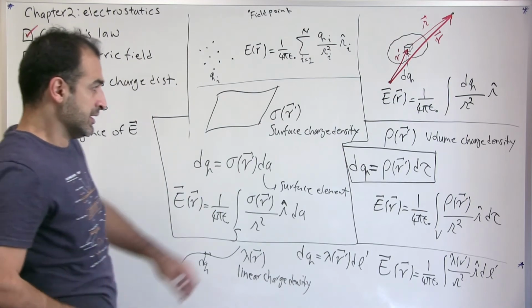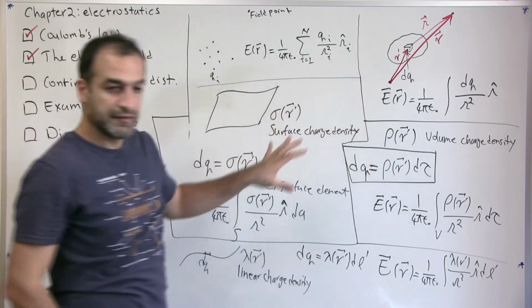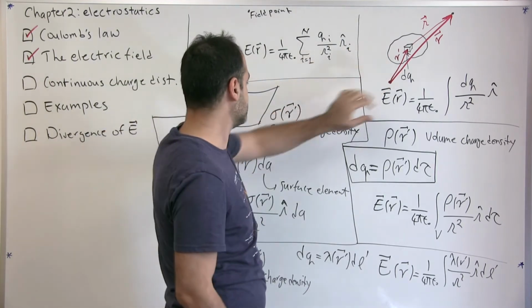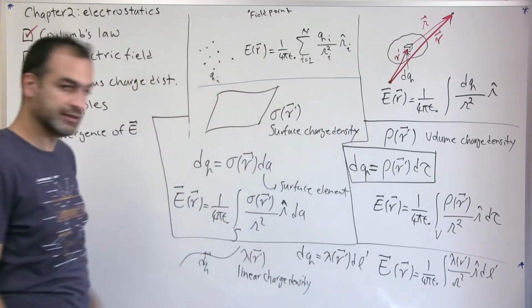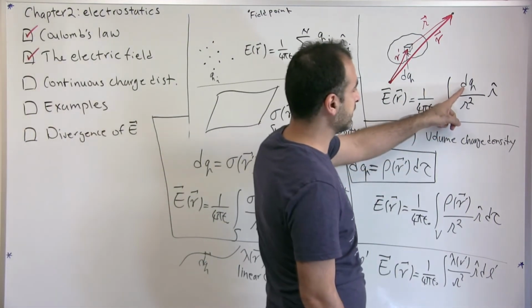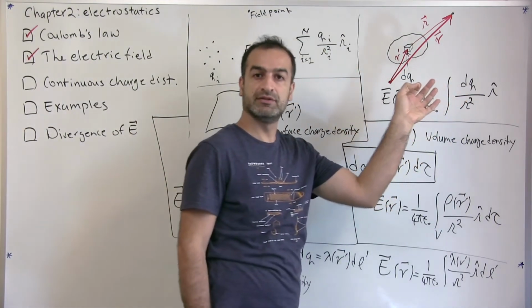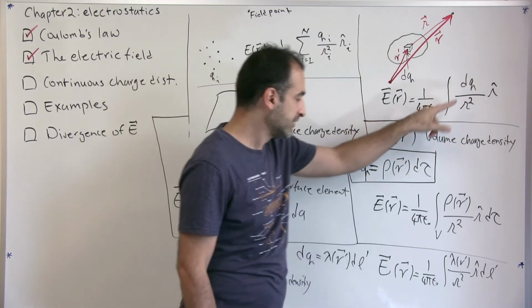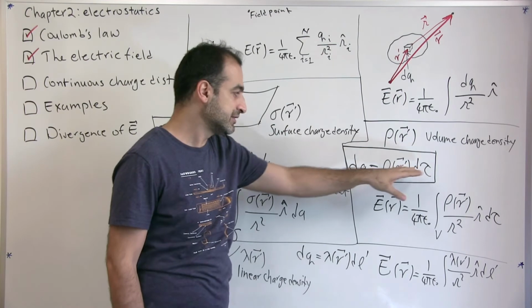So basically we can have three different sorts of continuous charge distribution: over a volume, over a surface, or over a line. For each of them, the basic idea is to identify dq, the infinitesimal charge, and then do this integral. But dq itself should be written in different ways mathematically.